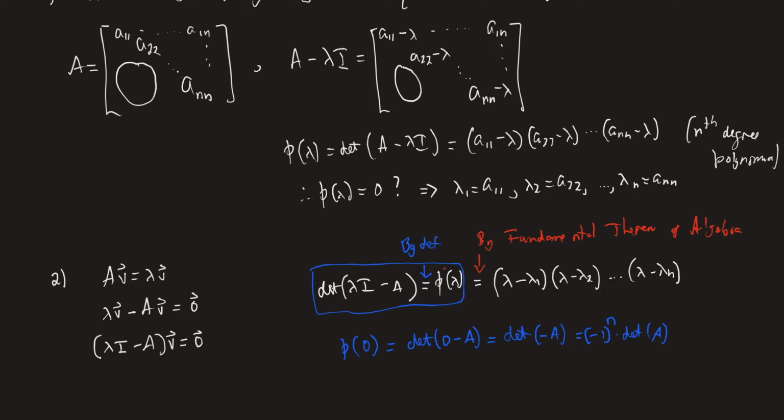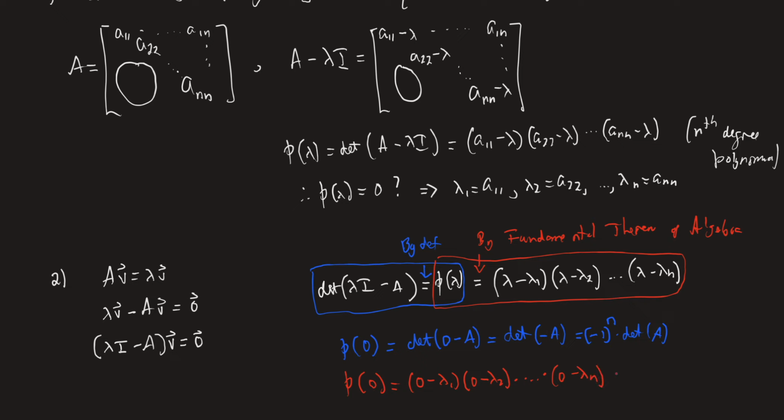Let's see what happens if we take the red form now. Take this and evaluate that at lambda equals 0. So if I plug 0 in wherever there's a lambda, I'm going to have 0 minus lambda 1 times 0 minus lambda 2 times dot, dot, dot times 0 minus lambda n.